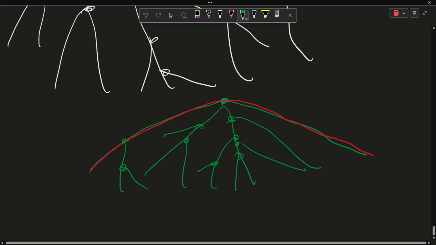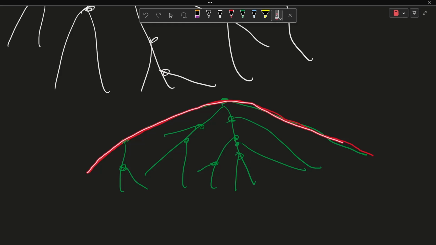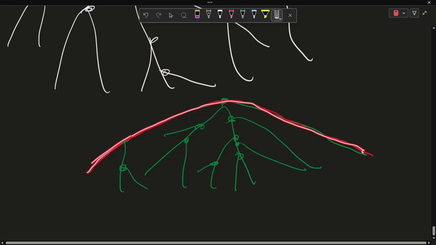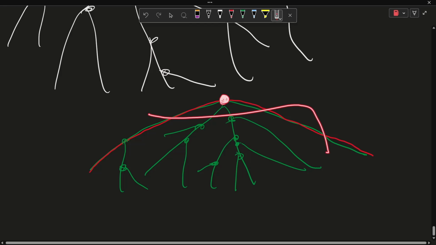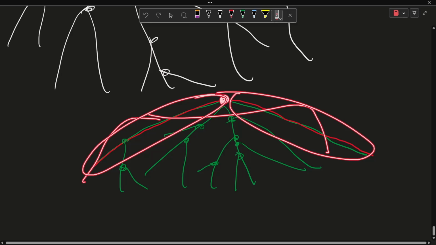So if this is the diameter of this tree, it means for any node in this path, if we analyze any such node, one such node is this. While calculating the diameter, you know for sure that for this node, among all its children, this and this have the maximum depth.